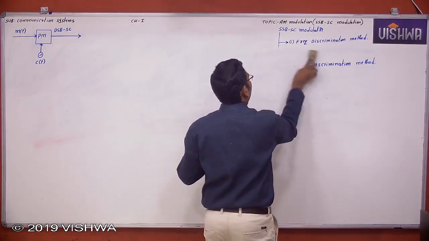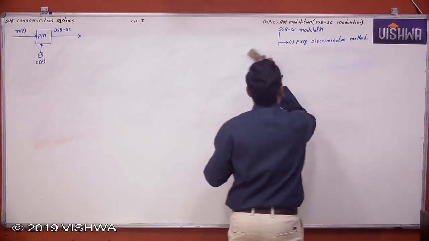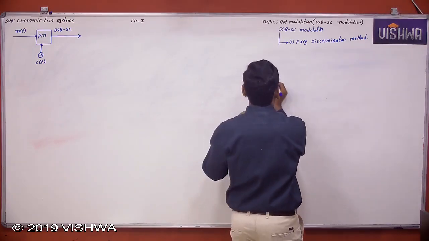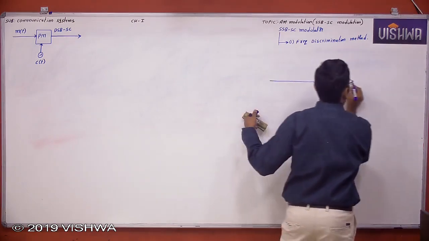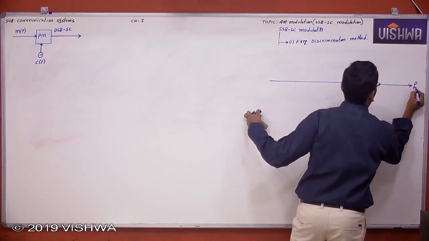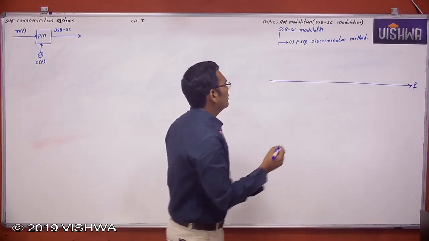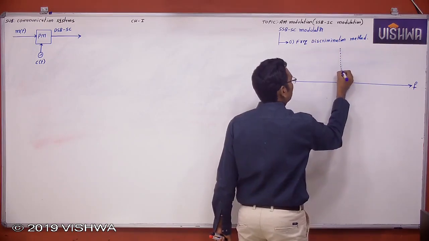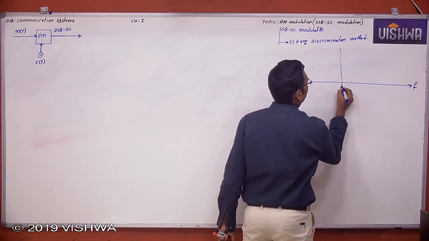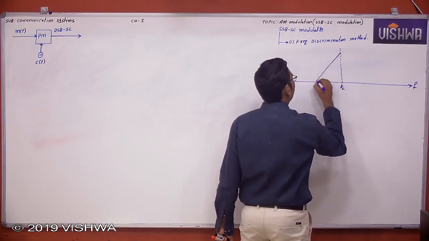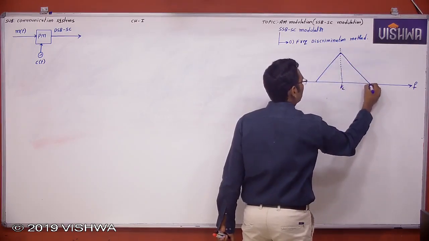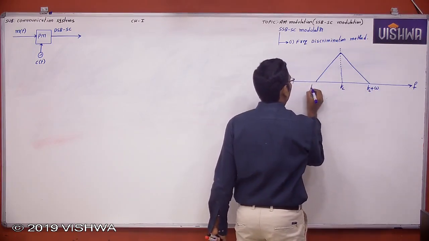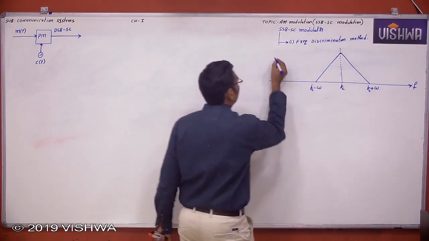Now we'll see first the frequency discrimination method. What is the frequency discrimination method? For better understanding, I will write in the frequency domain. This is the frequency domain spectrum. So what is there with us? Suppressed carrier and two sidebands, Fc minus omega and Fc plus omega.